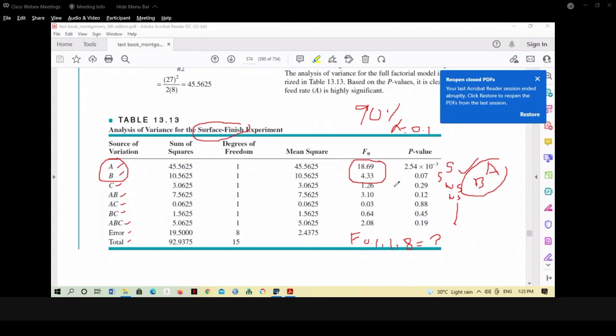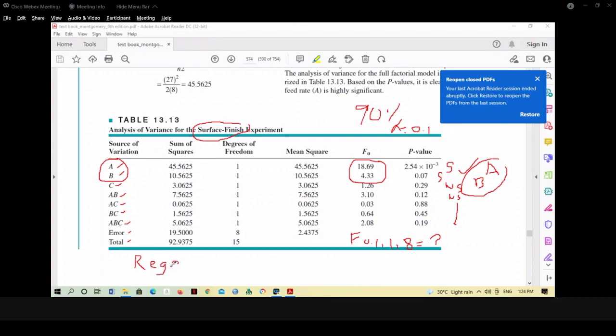From this, we need to develop a regression model. That is why today I called you, to understand the concept of the regression model.